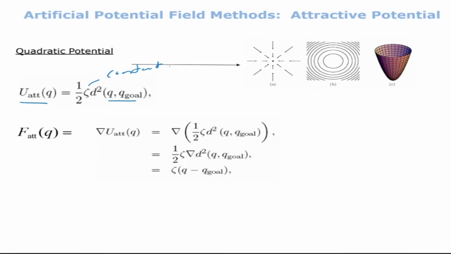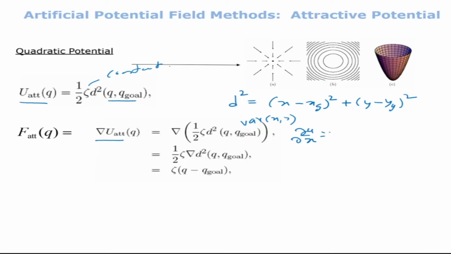For the grad of the attractive potential, d squared is equal to x minus x goal squared plus y minus y goal squared. Now again there are two variables, x and y, so we have to differentiate it twice.